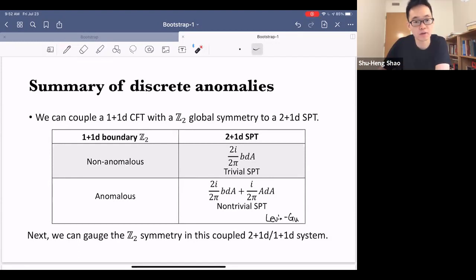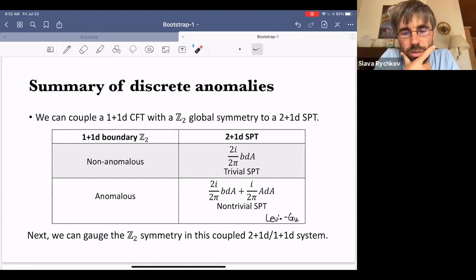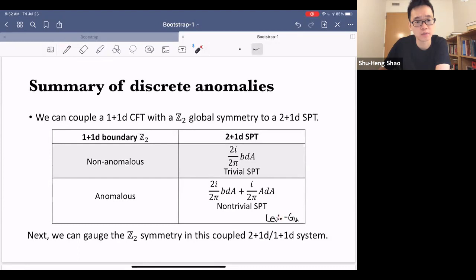Both could happen. In that particular lattice realization, I forgot exactly what they found on the edge, but this is just one particular lattice realization. There could be many others flowing to the same non-trivial SPT. And on general grounds, if you have a non-trivial SPT, both scenarios for the boundary are possible.